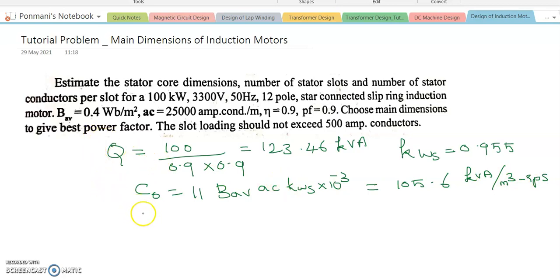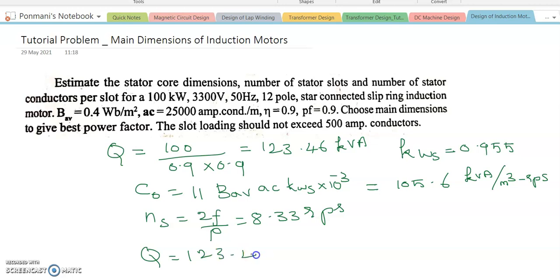And then we need to calculate NS, because that is also needed, that is 2f by p. All the parameters are given. It is a 50 hertz, 12 pole machine. So on substituting, we will get NS as 8.33 RPS. Then we can substitute in the output kVA equation: Q, which is known to us as 123.46, is equal to C naught D square L NS.